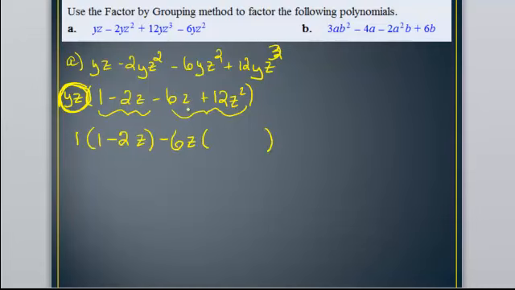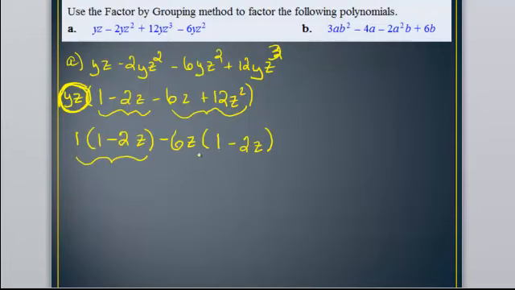Okay, so let's see what happens. If you factor a negative 6z out of a negative 6z, you're left with 1. If you factor a negative 6z out of a 12z squared, you're going to be left with a negative 2z. Negative 6z times negative 2z is positive 12z squared.